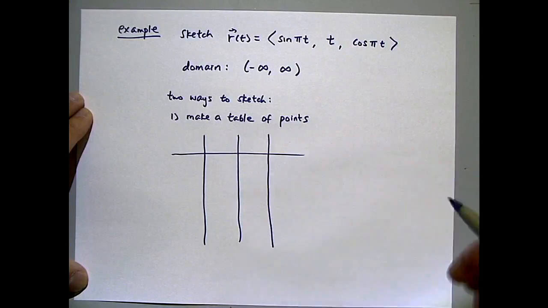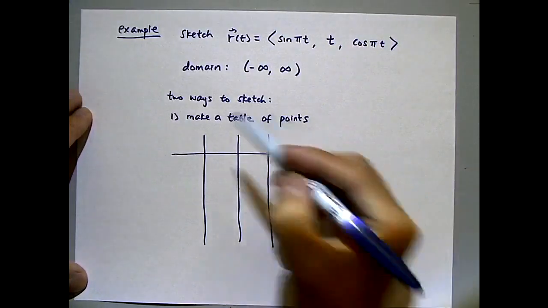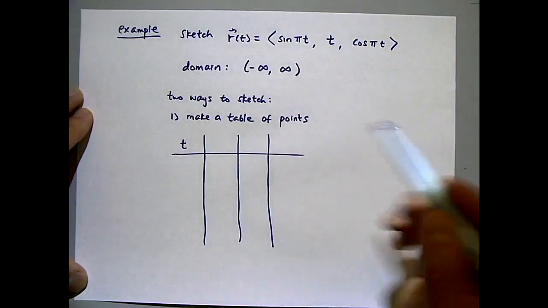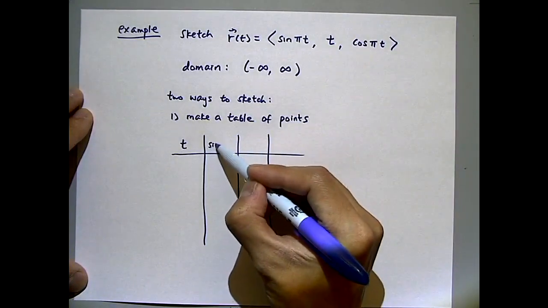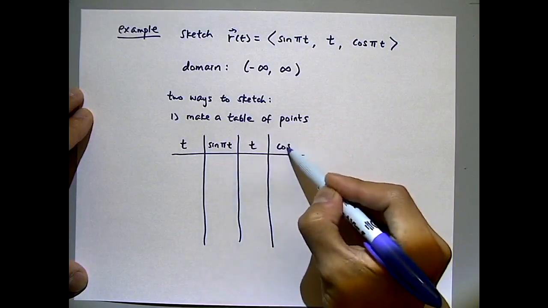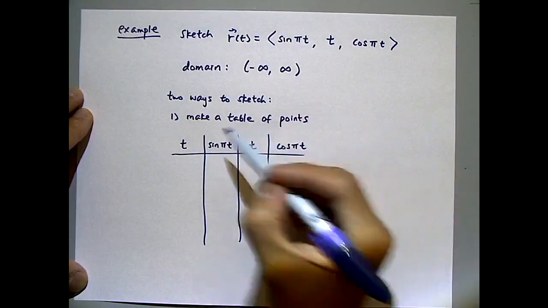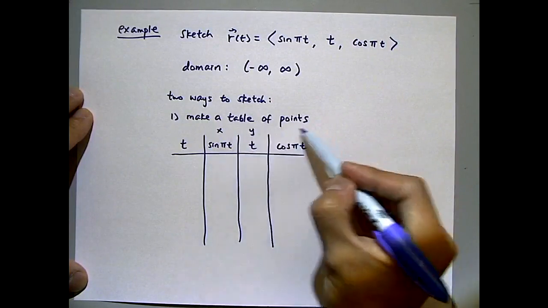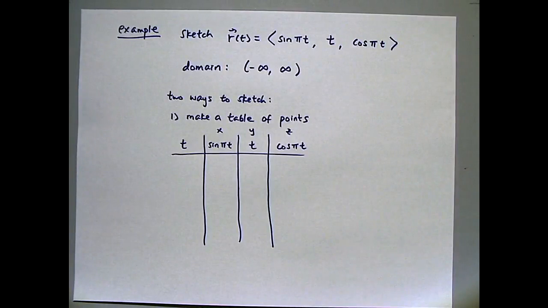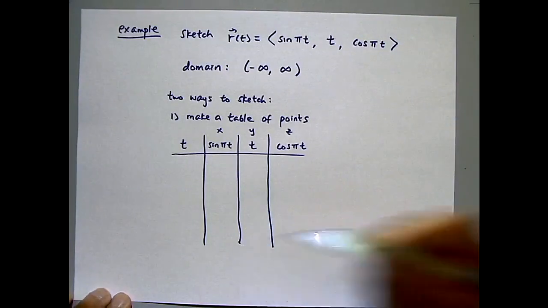And you've done this with two-dimensional curves. You choose a bunch of t values, and then you find out your x, y, and z. And then you connect the dots. Right? It's not a very complicated way to do it. It takes a little bit of time, but it gets the job done.